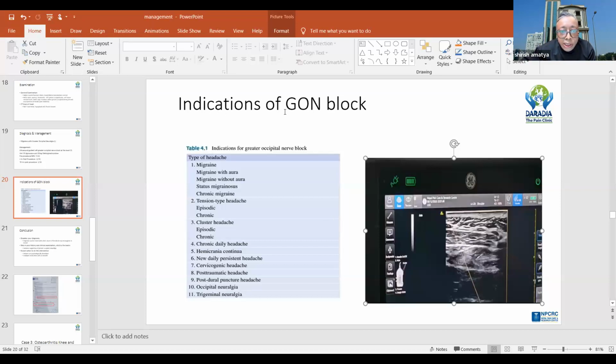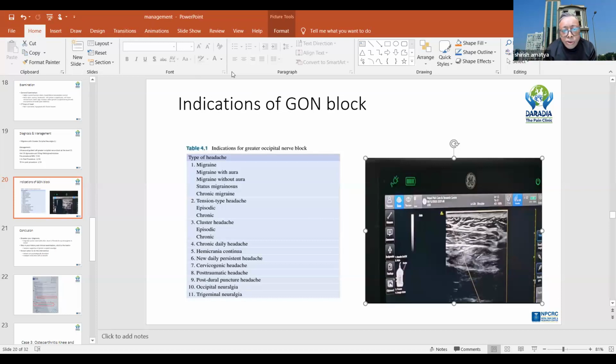If you look at the indications, greater occipital nerve block is one of the excellent techniques, especially if the patient comes with long-term headache and we want to break the pain cycle. Even if there is no greater occipital neuralgia, sometimes the greater occipital nerve block can have a wonderful effect in terminating the headache or even migraine.